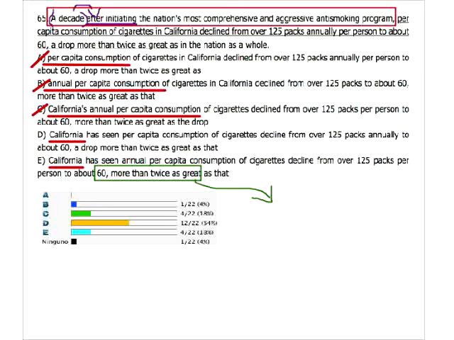The meaning should be that the drop per capita, per person, as opposed to an overall number, is twice or was twice as great.